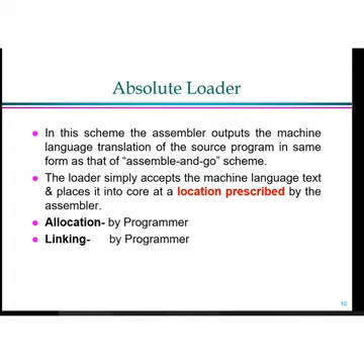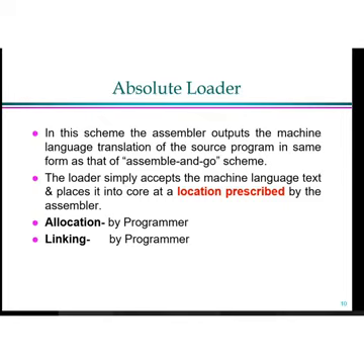Linking is also done by the programmer. Suppose your main program is linked with two additional subroutines or some other programs. Those other programs also have addresses predefined by the programmer. So you don't have to relocate, you don't have to link them separately.